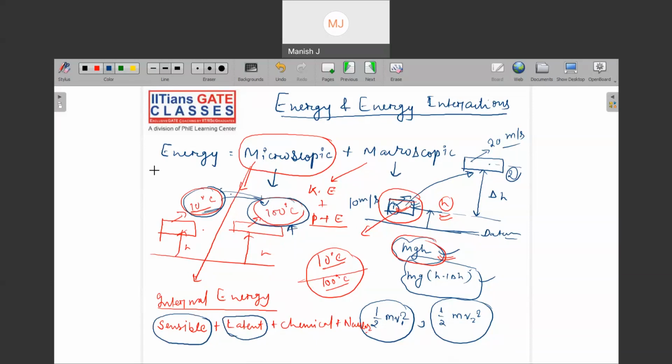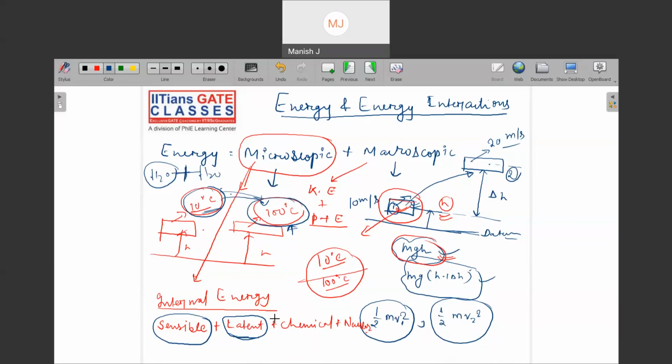Like let us say that if this is an H2O molecule, then what? The bond between two H2O molecules has started getting broken. Then I can say that this is hidden into what? Latent energy, as the molecular bonds have started getting broken. So latent energy is that part where your substance has started changing its phase.